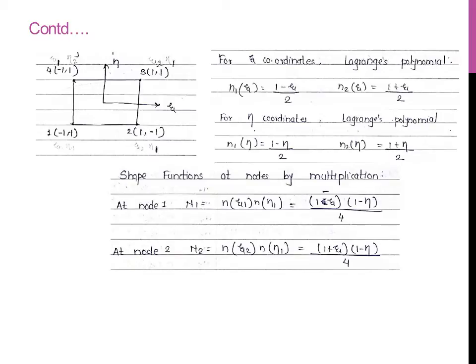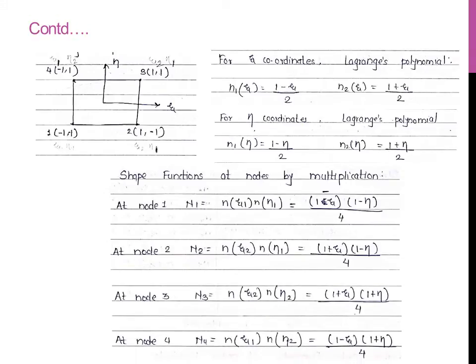Next, at node 2, N2 is the multiplication of zeta 2 and eta 1. So put the value of zeta 2 as 1 plus zeta upon 2 and eta 1 as 1 minus eta upon 2. So your equation for N2 is 1 plus zeta into 1 minus eta upon 4. Same for N3, it is the multiplication of the zeta 2 and eta 2 combination, so N3 is 1 plus zeta into 1 plus eta upon 4.